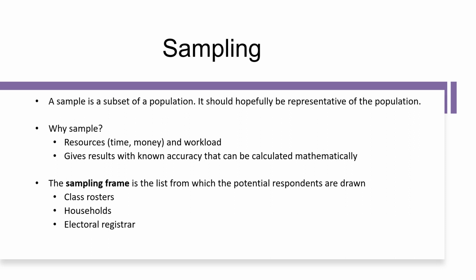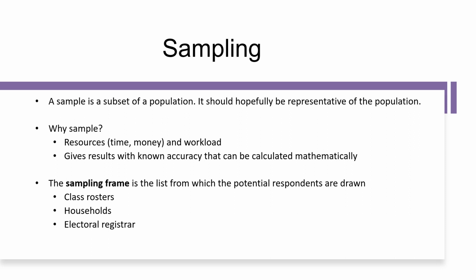It would also take a lot of money and a lot of time and effort to conduct large studies. And so that is why people would do sampling. It also helps us to have accurate results, especially by making sure that the sample that we take is representative of the entire population.